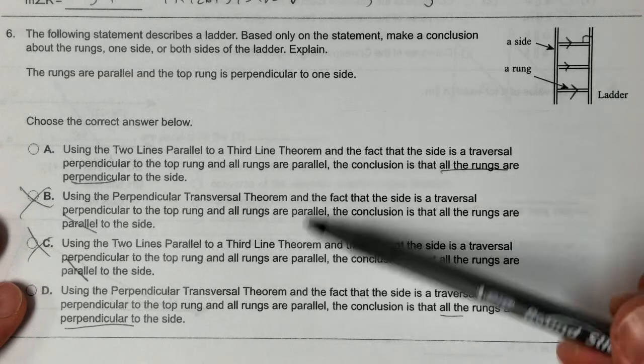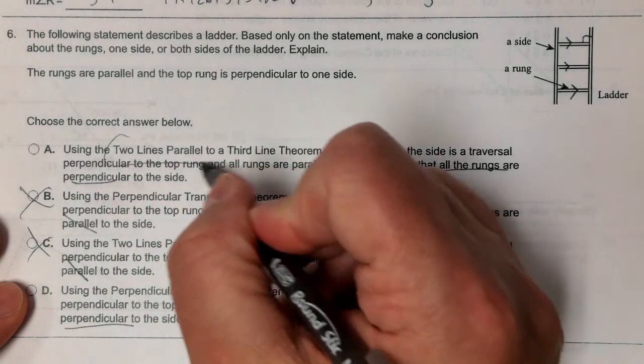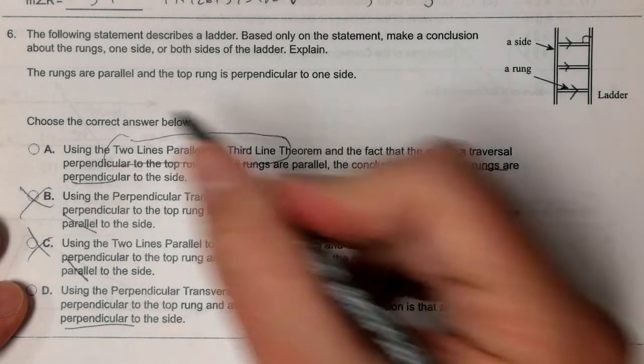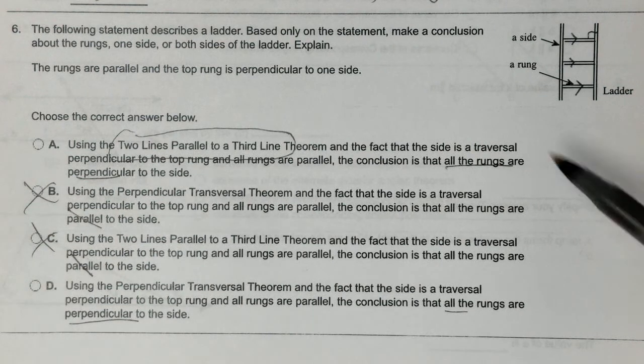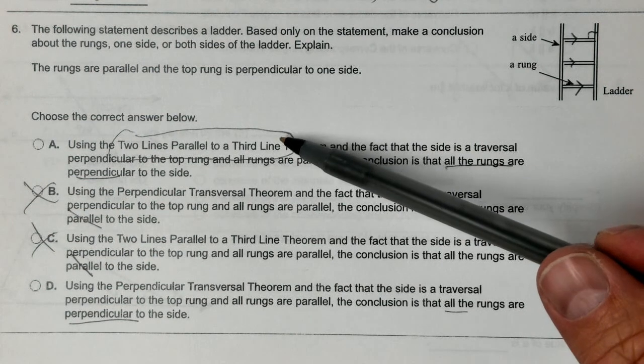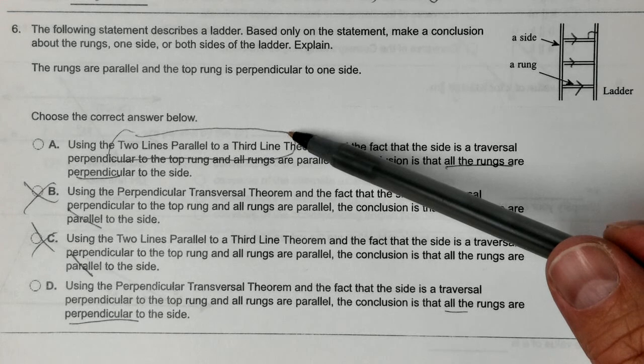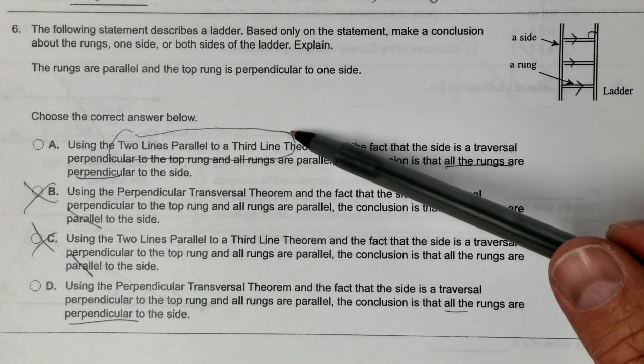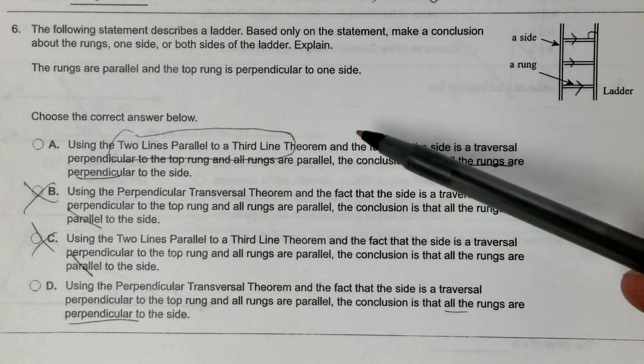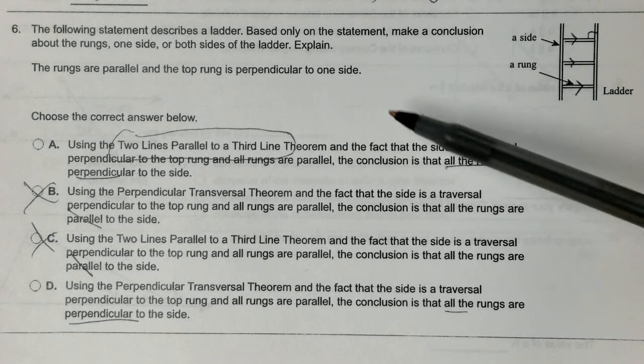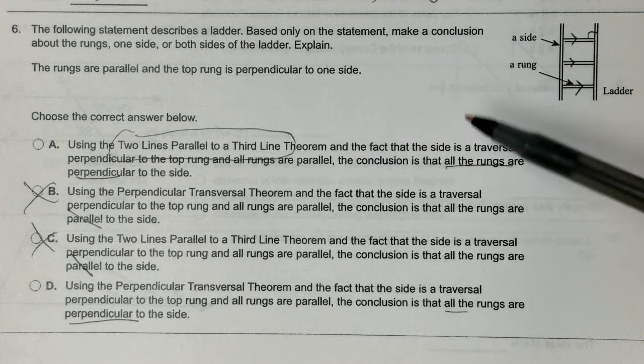Now, looking at this says two lines parallel to a third line theorem, which is not really a thing. There's a transitive property of parallel lines, but that's not really true.